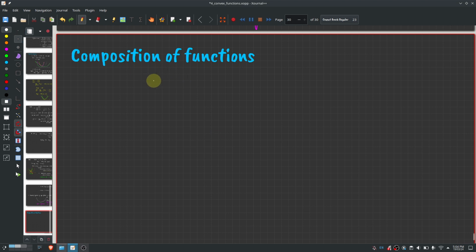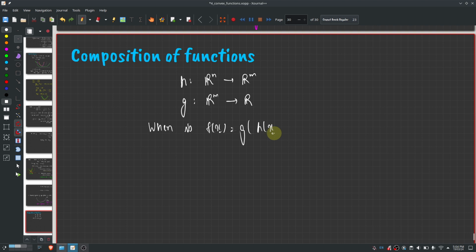Let us assume that I have some h from Rn to Rm and g from Rm to R. So when can we guarantee that f of x, which is just the composition g of h of x, is convex?